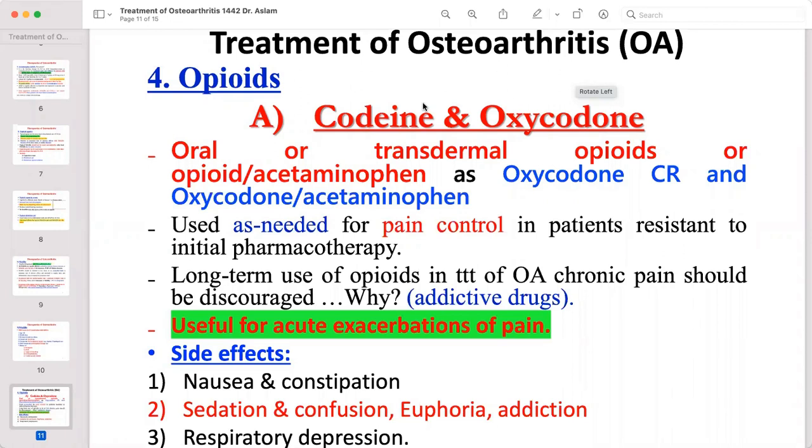Codeine and oxycodone are used as needed for pain control in patients resistant to initial pharmacotherapy.